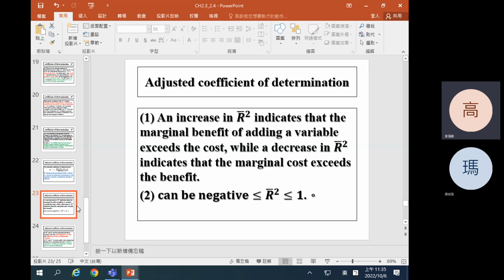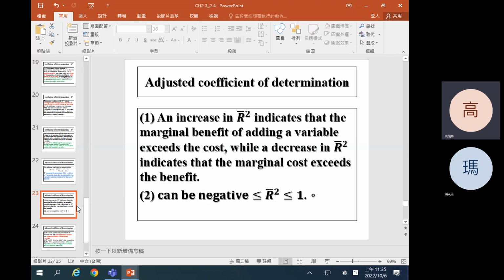Okay, and one thing I have to mention is that R squared is always between 0 and 1. But adjusted R squared can be negative, though it is as large as one at most; it will not exceed one.